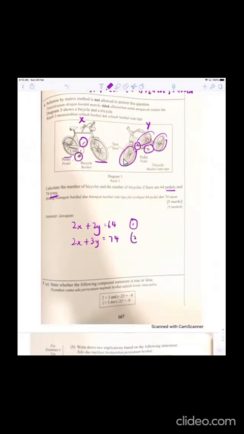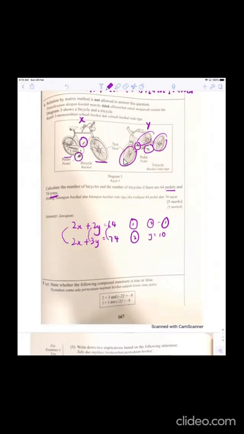So you get equation 2. Now we have 2x and 2x, so we can use equation 2 minus equation 1. So 2x minus 2x is no more, 3y minus 2y is y, and 74 minus 64 is 10.